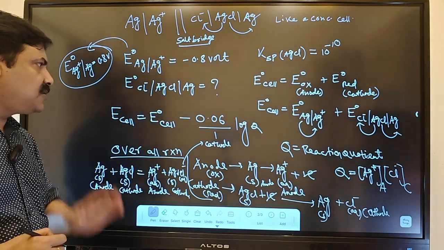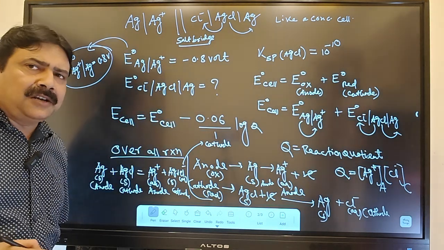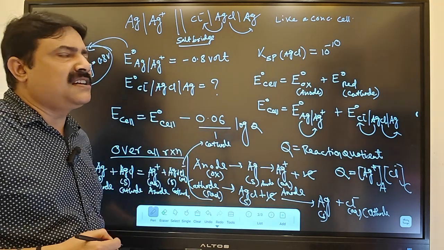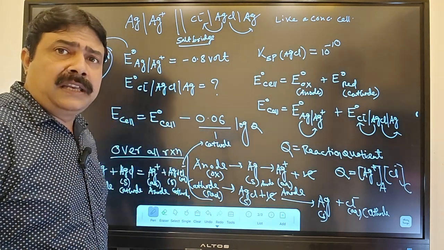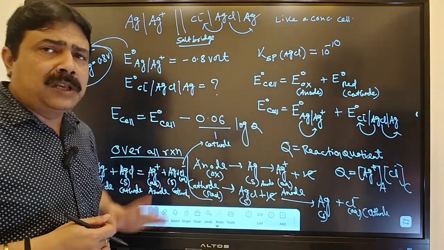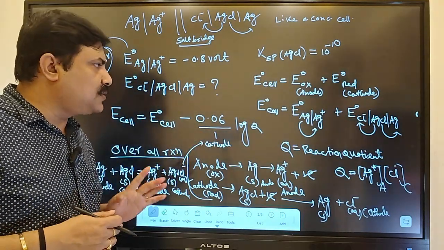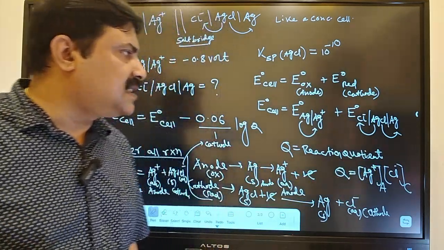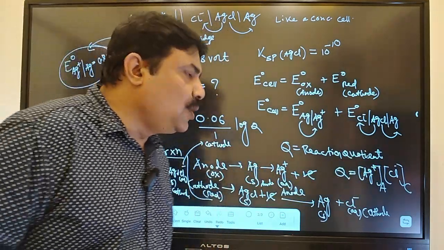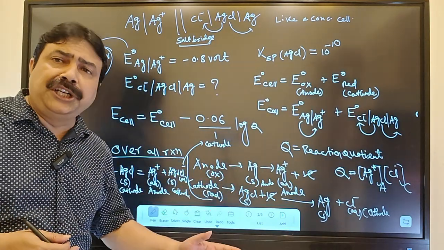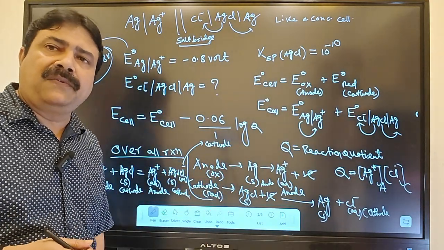E cell equals E naught cell minus 0.059, which is about 0.06, by n. n is the number of moles of electrons involved in the oxidation or reduction process, which is 1 mole of electron. That's why n equals 1, and log Q equals silver ion concentration at the anode into chloride ion concentration at the cathode. Solid active mass is nothing but 1.